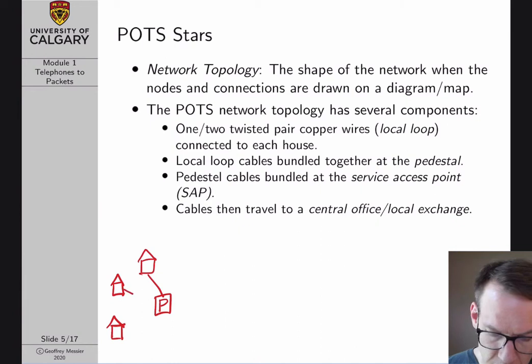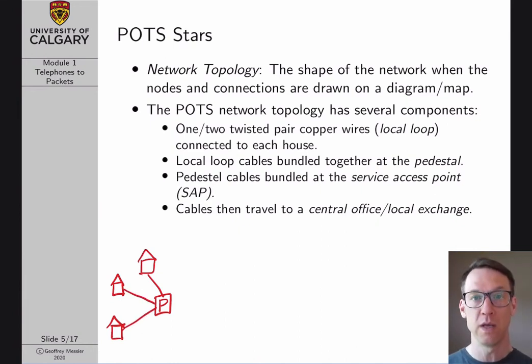Again, these are the green boxes in your backyards. For those of you like me who live in an older neighborhood with overhead power lines, the pedestals are actually bundles hanging from the power lines. If you'll notice, these houses form sort of a star around the pedestal. All of the local loop cables come into the pedestal and get bundled together.